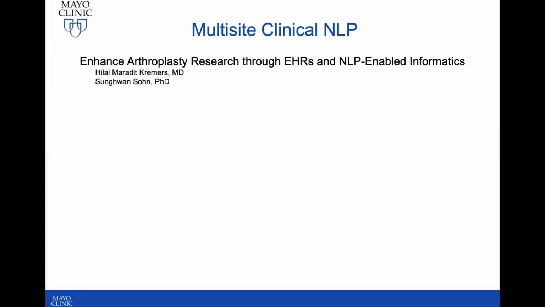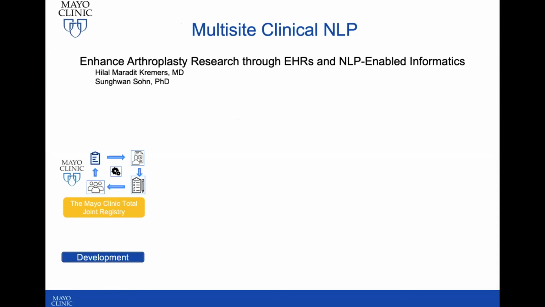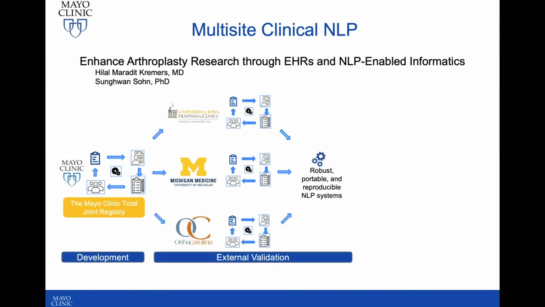So this is starting by the process of leveraging the Mayo Clinic Joint Registry to develop NLP tools. And then we do external validation across 3 sites: University of Iowa, Michigan, and North Carolina.